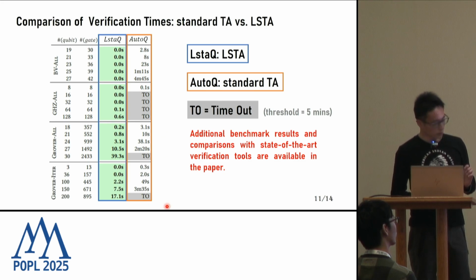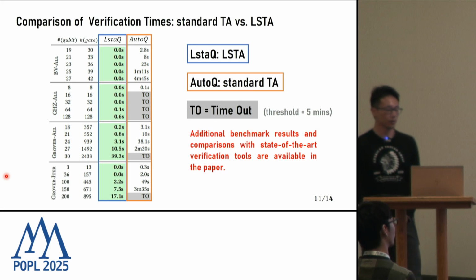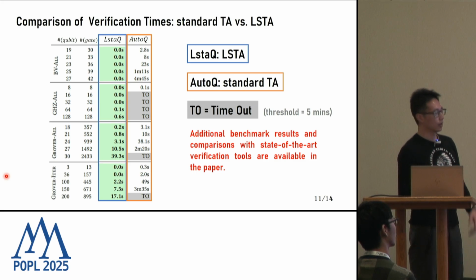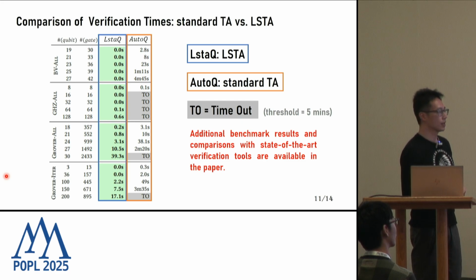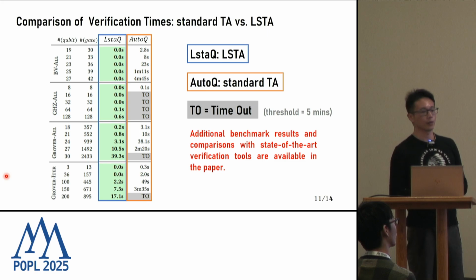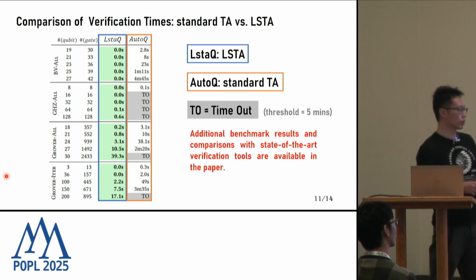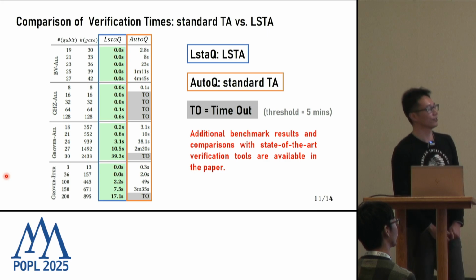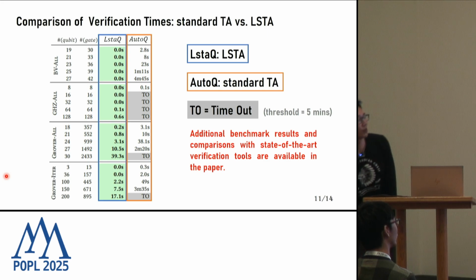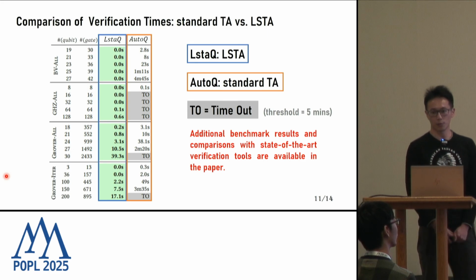For the 4th row, we can also verify an interesting property: after executing one iteration of Grover's circuit, the probability that you get the correct answer increases, for up to 200 qubits and within 18 seconds. You can find more benchmark results and some comparisons with other state-of-the-art verification tools in our paper.